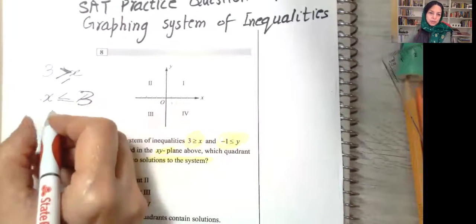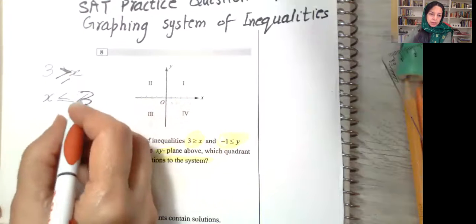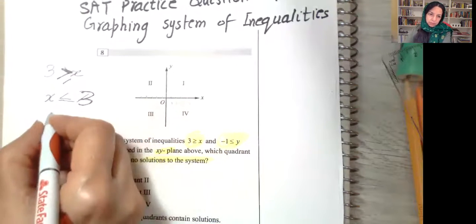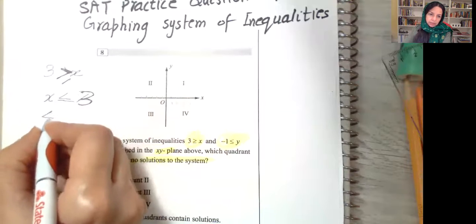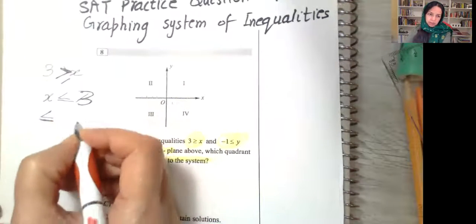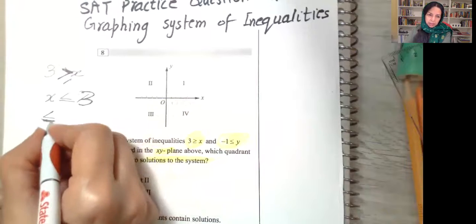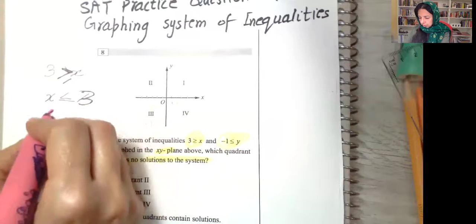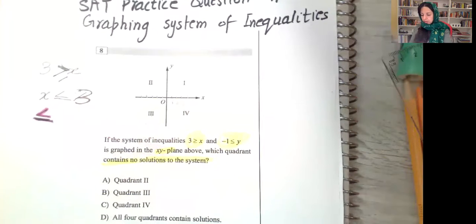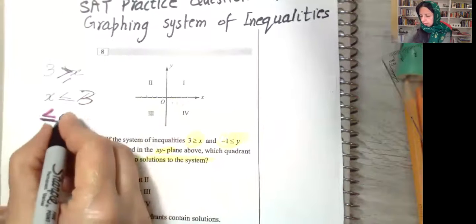Before we put this on the graph, we have to decide what type of boundary line we are going to have. For a less than or equal to sign, the boundary line is solid.